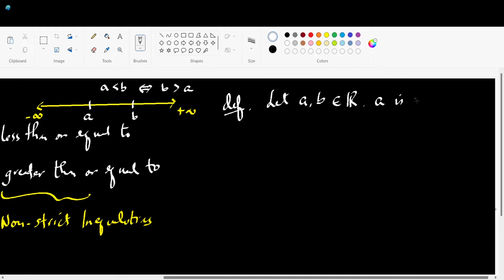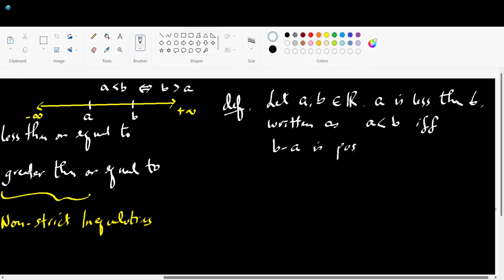A is less than B, written as A < B, if and only if B minus A is positive. We can also say that A is less than or equal to B if and only if B minus A is positive or A is equal to B. Alright?